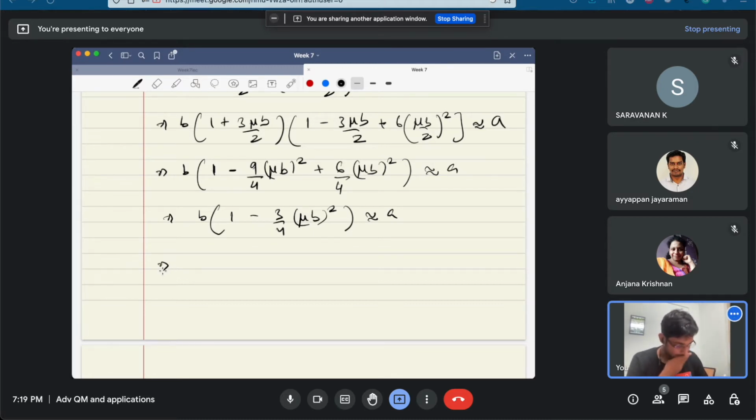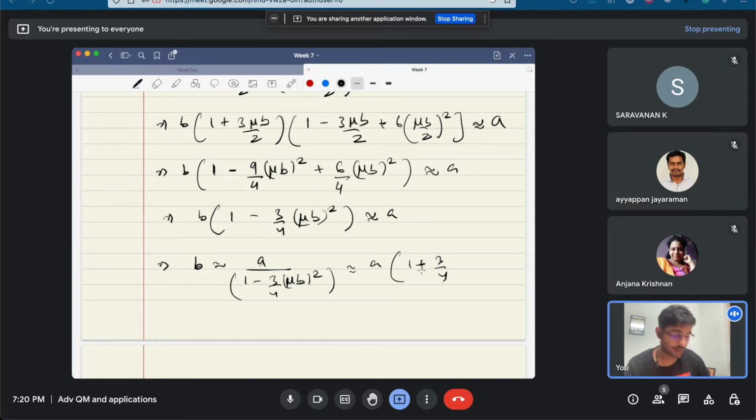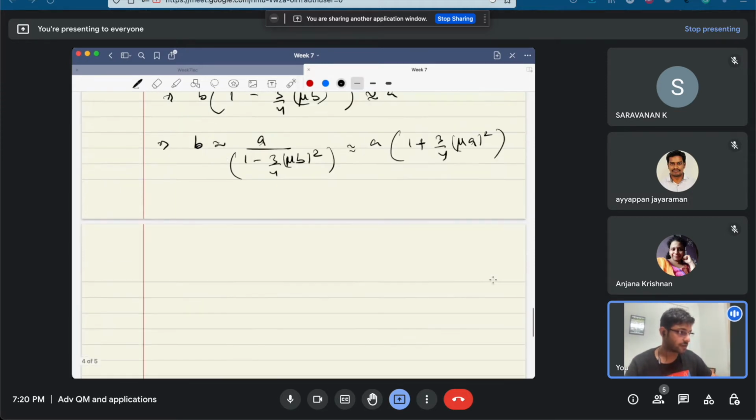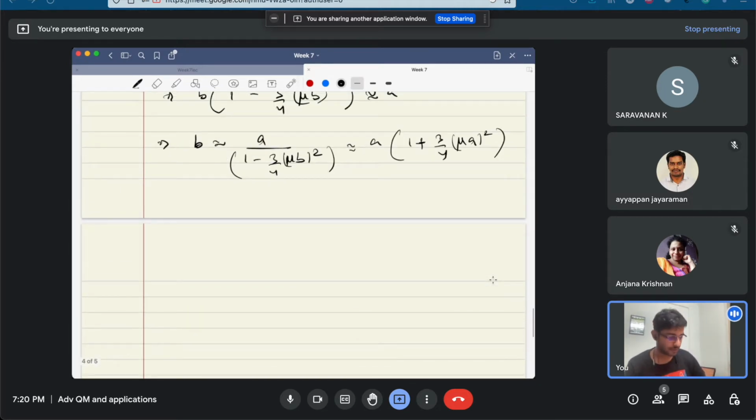So b is nothing but a by 1 minus 3 by 4 mu b square, and taking the same binomial expansion you get a times 1 plus 3 by 4 mu a square.